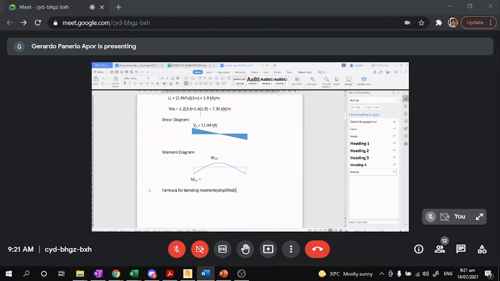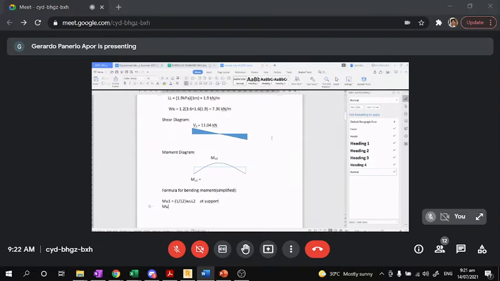I will use Mu1 here as 1 divided by 12 WU L squared. No? This is at the support.